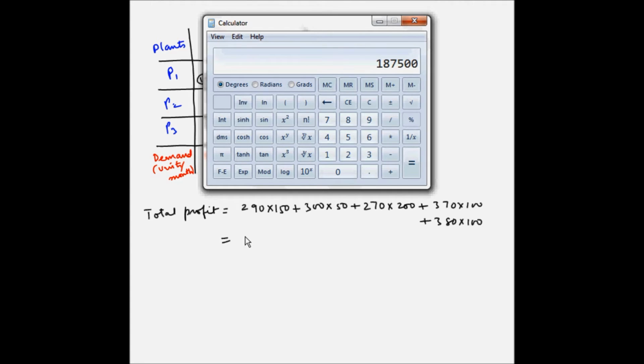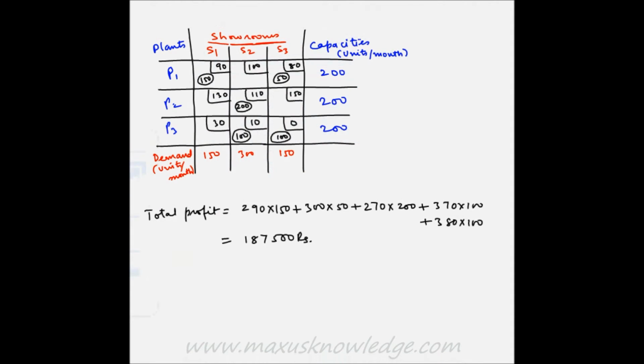So the value we get is 187,500 rupees. So the profit that we had obtained after the basic initial feasible solution was 185,500 rupees. So definitely we have been able to increase the profit by 2000 rupees. Now we have to find out if this is the optimal solution or if this solution can be further improved.